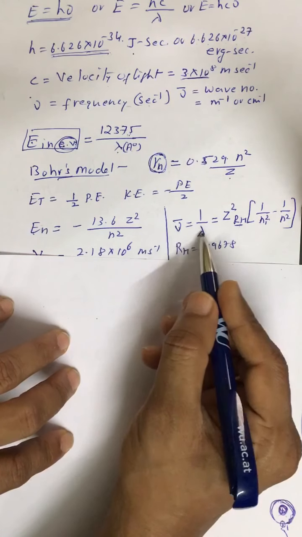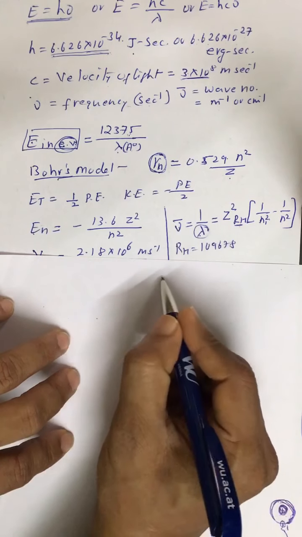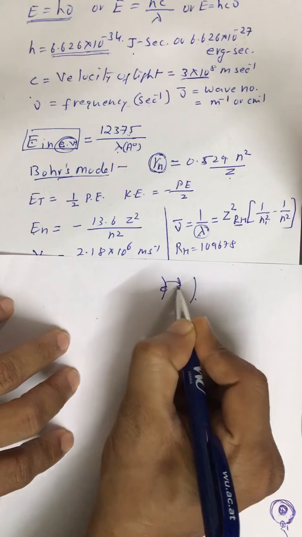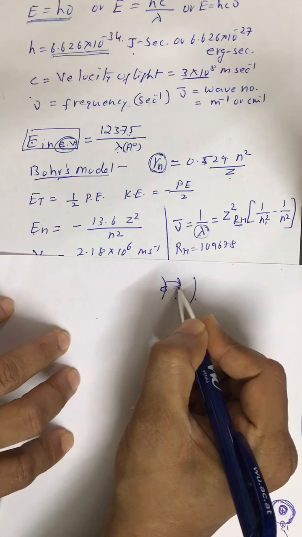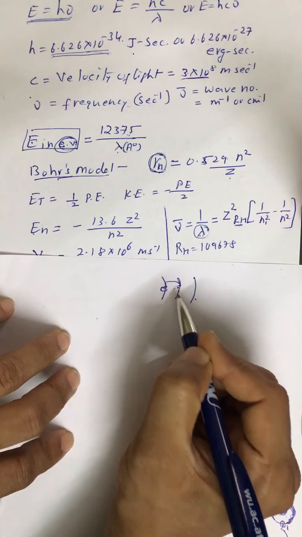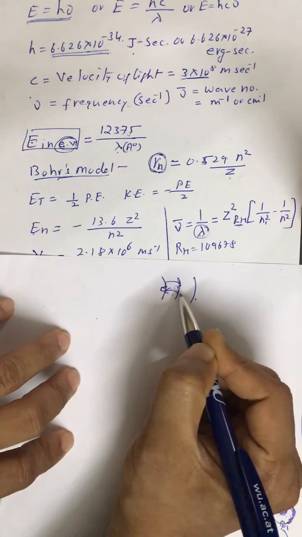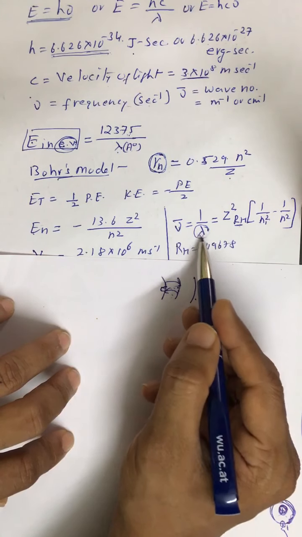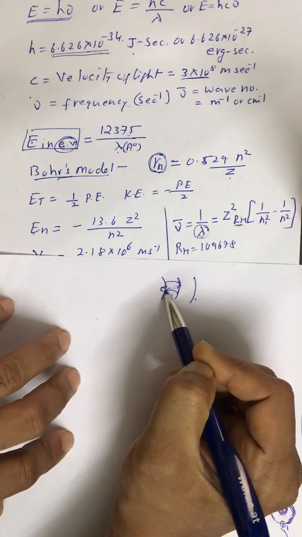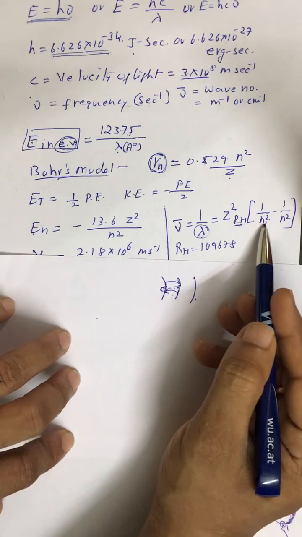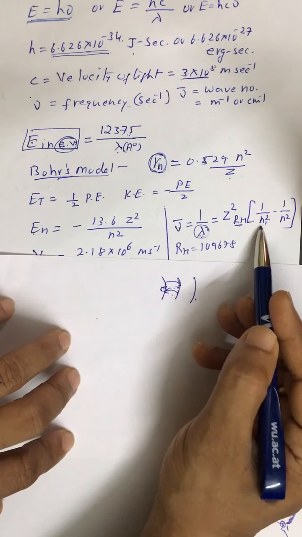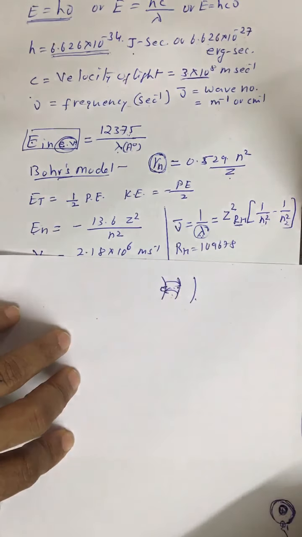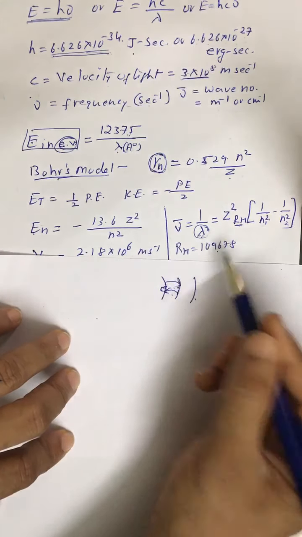By using this formula, you can calculate the lambda when electrons are excited from a lower subshell to a higher subshell, or when they move back from a higher shell to a lower shell, the wavelength of radiation emitted also can be calculated. Here n1 is the orbit or shell in which the electron is coming back, and n2 is from where the electron is coming back. RH is Rydberg constant.